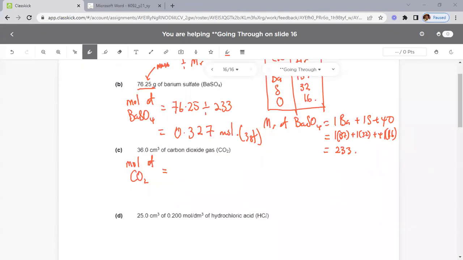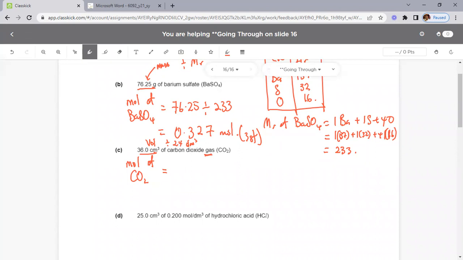They give you 36 cm cube of carbon dioxide gas. So you know that this is the volume of gas. I want to convert volume of gas to mole, so you need to divide it by 24 dm cube. But this is in cm cube, right? So I need to convert my volume into dm cube first.